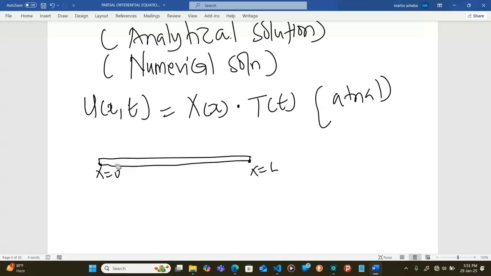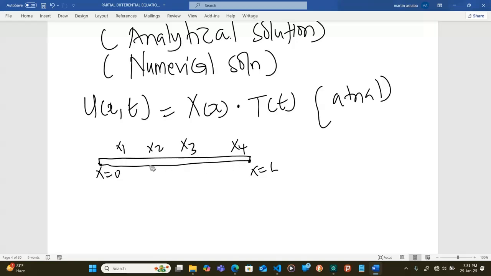For example, this is x1, maybe you have x2, x3, and x4. You'll find that the heat distribution at x1 is different from the one at x2, x3, and x4.